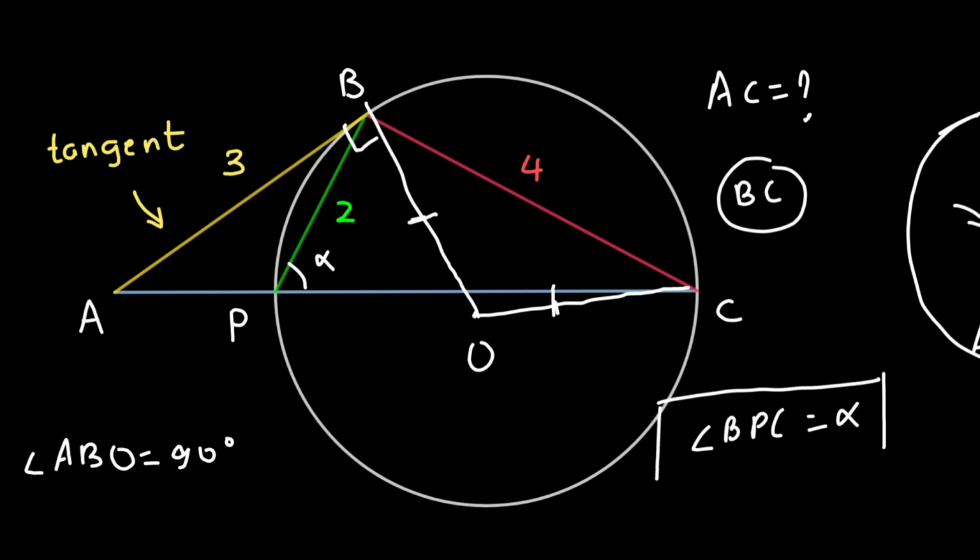Now according to the theorem that we just saw, the angle subtended by this chord at the center will have a value 2 times greater than the angle subtended by the same chord in the same segment at the circumference. So we have already assumed that the angle subtended by this chord at the circumference is having a value alpha. Therefore the angle subtended by this chord at the center would have a value 2 times alpha, okay?